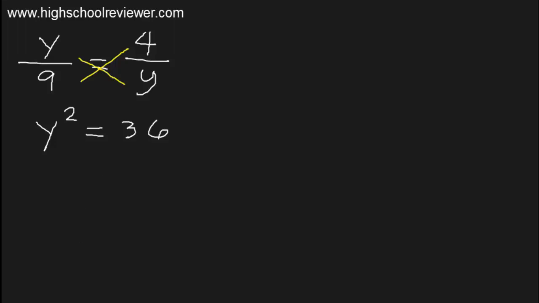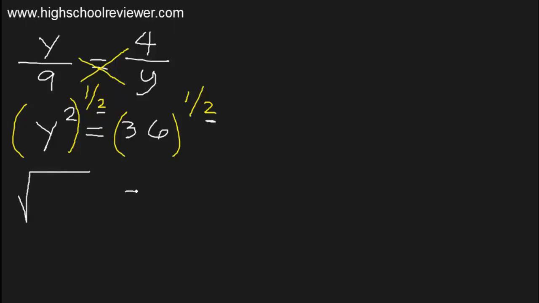To find y, we need to extract the square roots on both sides of the equation. To do this, we are going to raise this to 1/2. 36 will be raised to 1/2. Since the denominator of the exponent is 2, this will be equal to the square root.